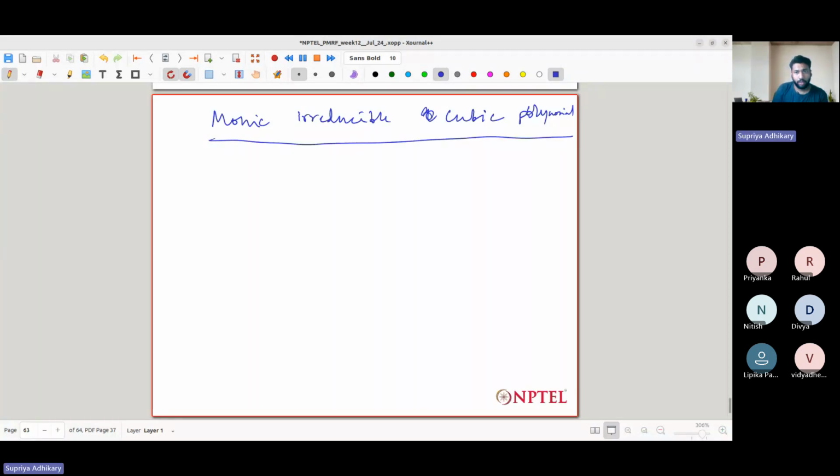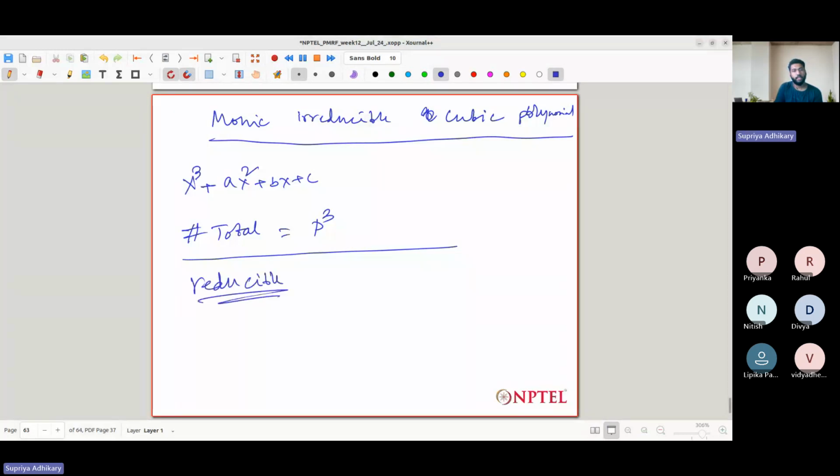Now, if we consider a cubic polynomial, it should be like this: x cubed plus ax square plus bx plus c. So this is a monic cubic polynomial, and the total number of polynomials in this case is p cubed. Now, if we consider the reducible polynomial, that is, if this polynomial can be factored into non-constant polynomials, then how many ways can we do that?